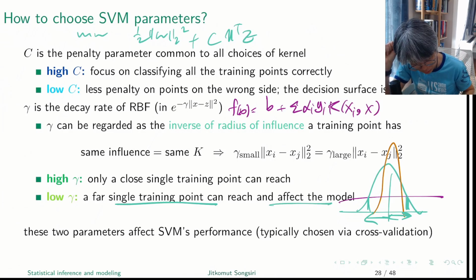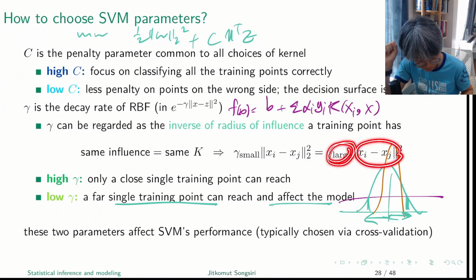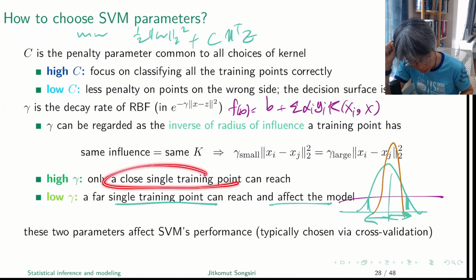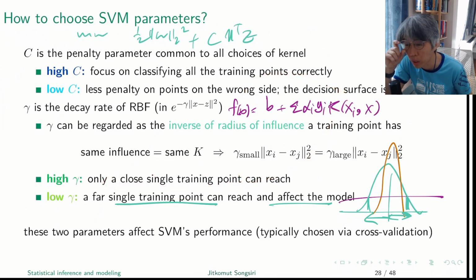On the other hand, if gamma is large, this distance will be small. For the same k, when gamma is large, the distance would be small. So only a close single training point will have the same contribution to the final prediction outcome.